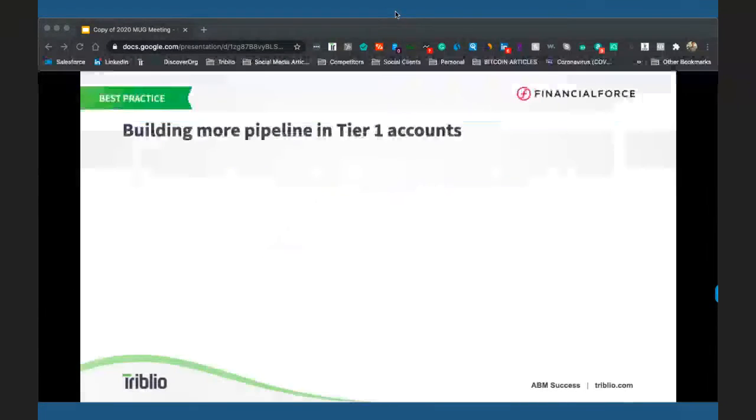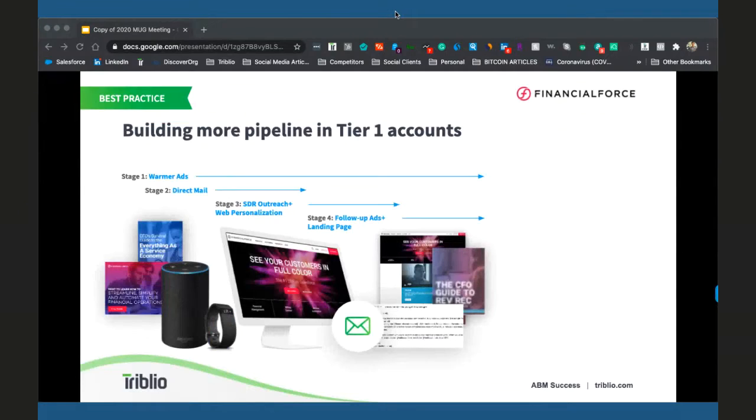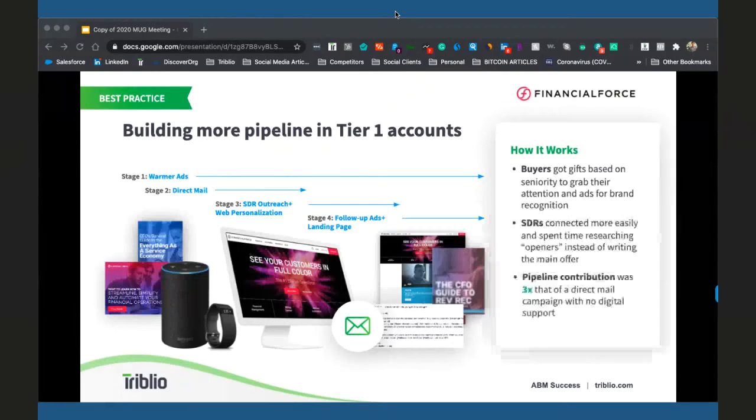And so someone like FinancialForce, who utilizes Marketo in their cadences to their tier 1 accounts, this is how they would build an orchestrated campaign around ads, direct mail, SDR outreach, personalization, and emails that come out of Marketo.